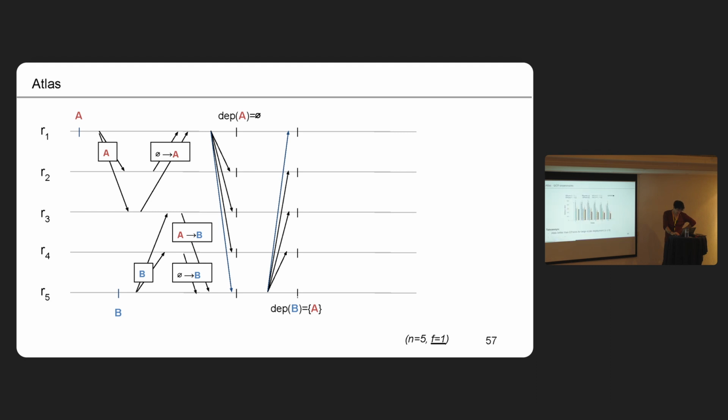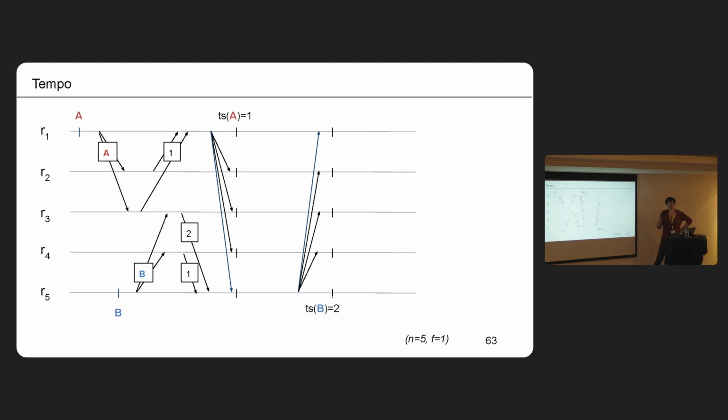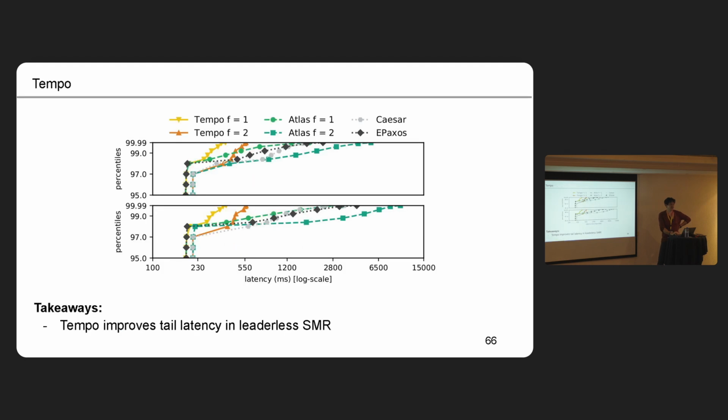Interesting question. So there is a trade-off between F and the latency. This protocol Tempo is very fast with a small value of F, but with a large value of F, it's not super efficient. It's the classical Paxos field where you have a Pareto optimum.